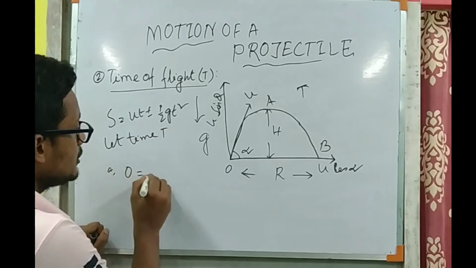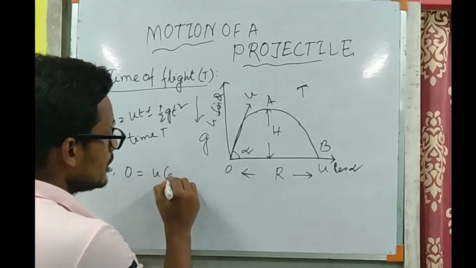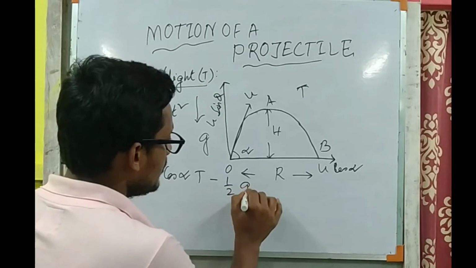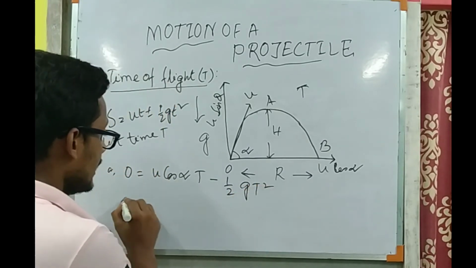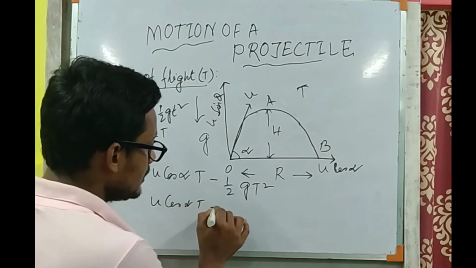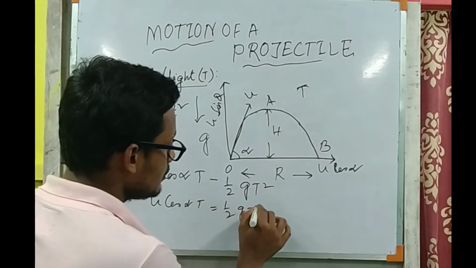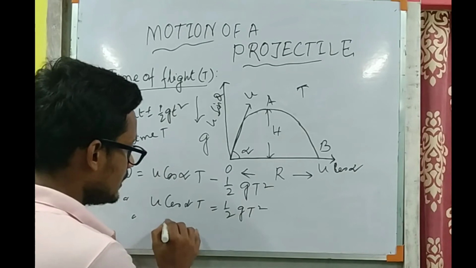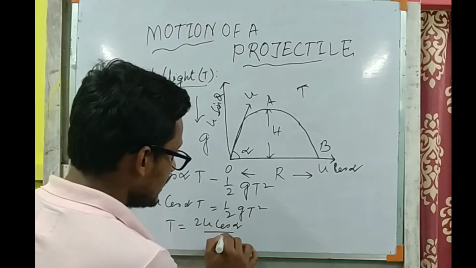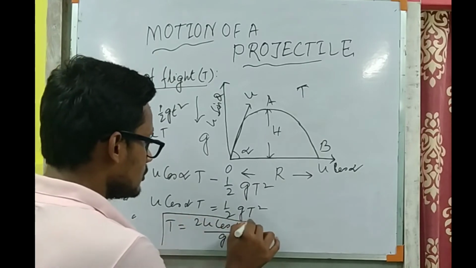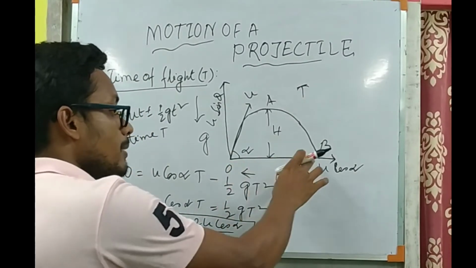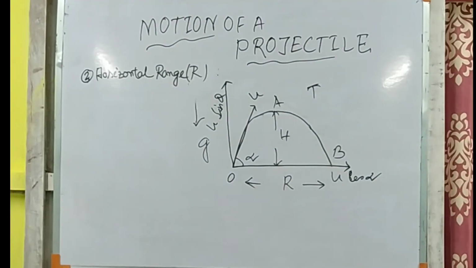So the distance or height is equal to 0, which gives 0 is equal to u sin alpha into t minus half of gt square. Calculating, we have u sin alpha t is equal to half of gt square, or t is equal to 2u sin alpha by g. This is the time taken by a projectile to reach its final point.